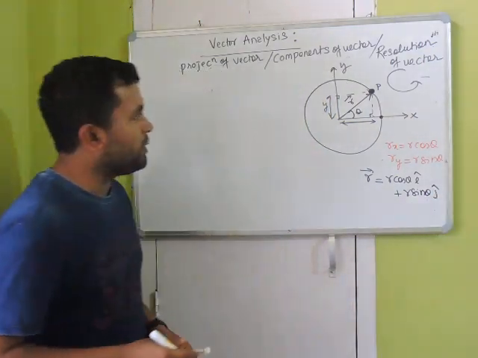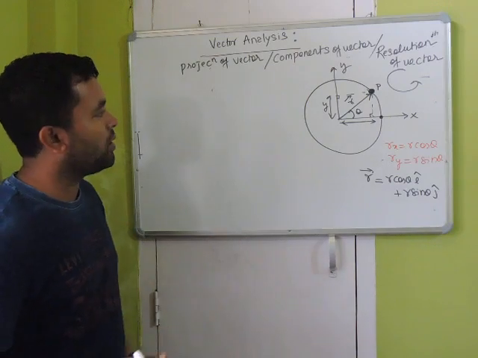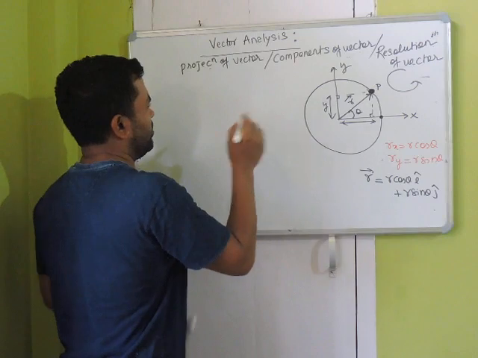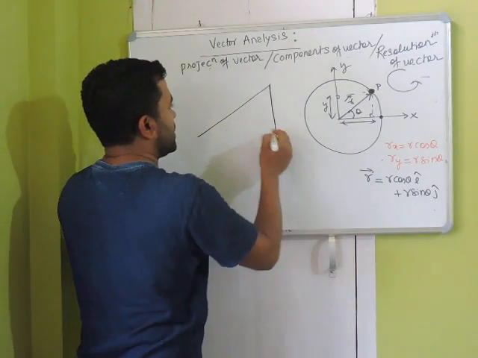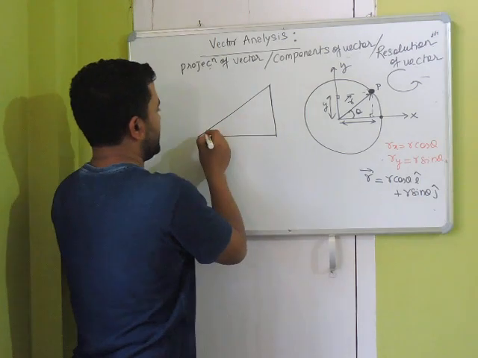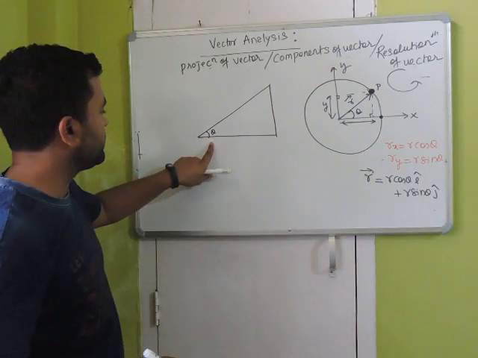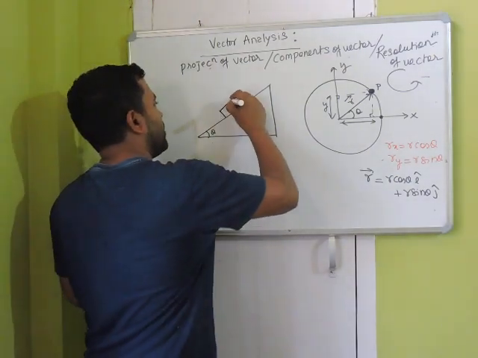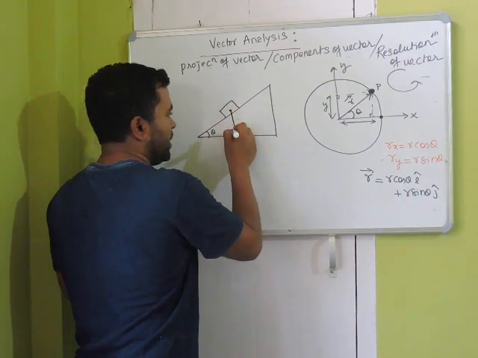Now in mechanics it turns out that resolution of forces is very important. One more example let me give you. Suppose there is an inclined plane, and this angle is theta. Then if I have a block here, its weight acts perpendicular to the earth.